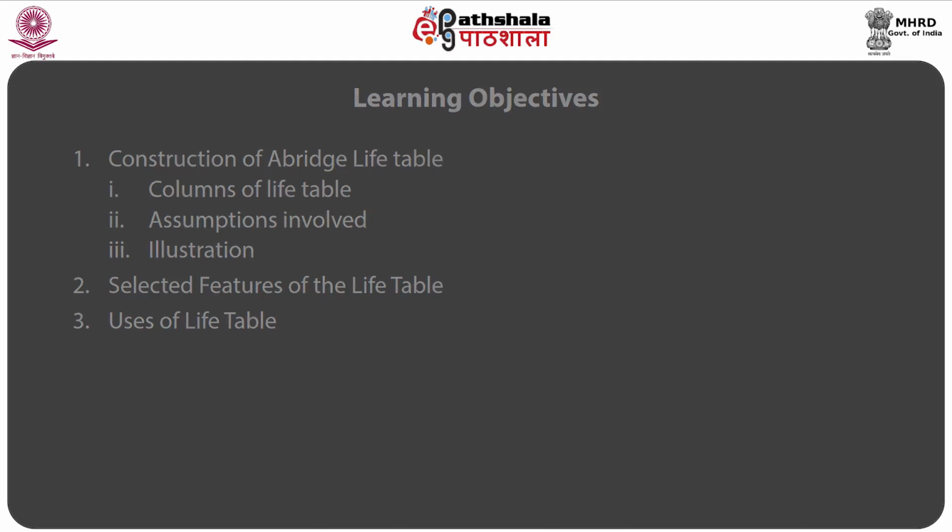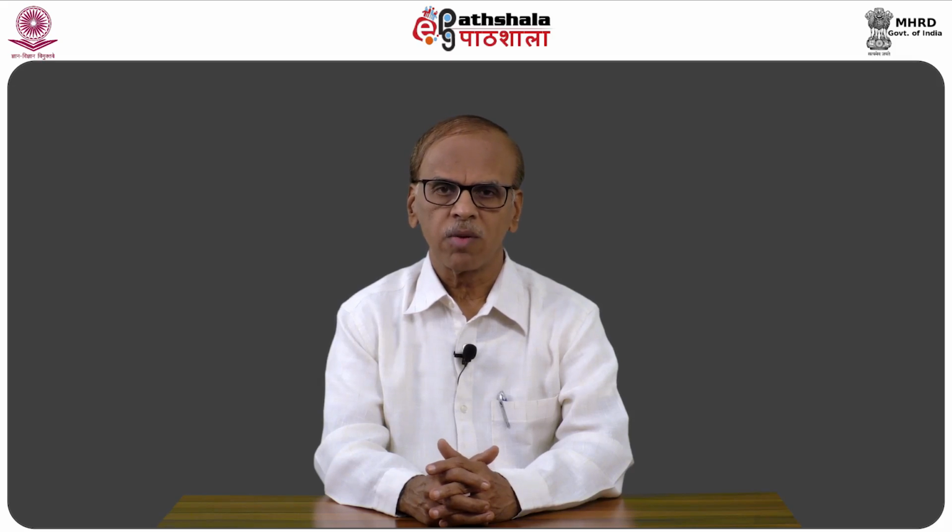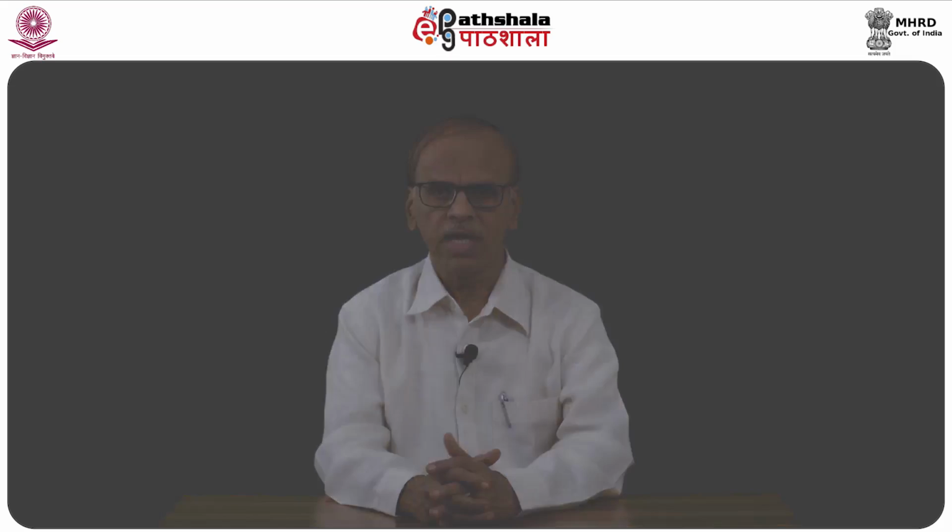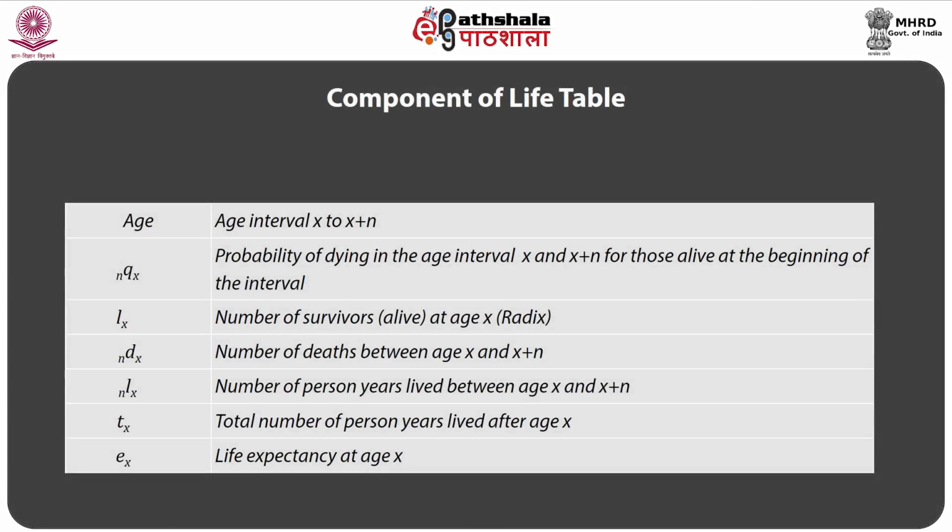of life table. These are the life table columns for the abridged life table. Age interval is x to x plus n. nqx, probability of dying in the age interval x to x plus n for those alive at the beginning of the interval. lx, number of survivors alive at age x, that is radix. ndx, number of deaths between age x and x plus n. nLx, number of person years lived between age x and x plus n.